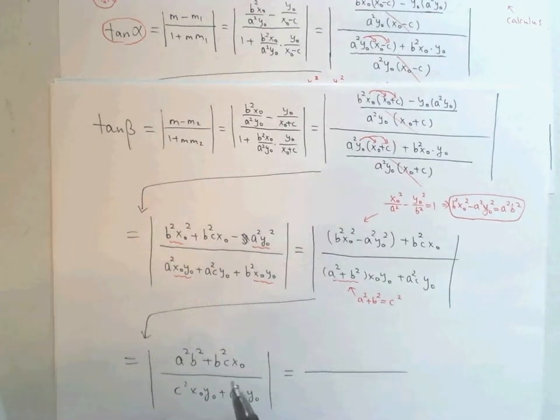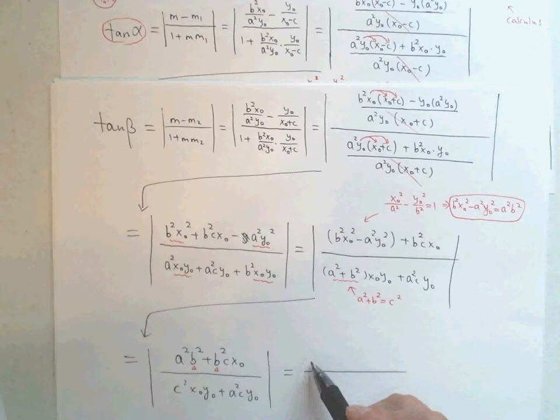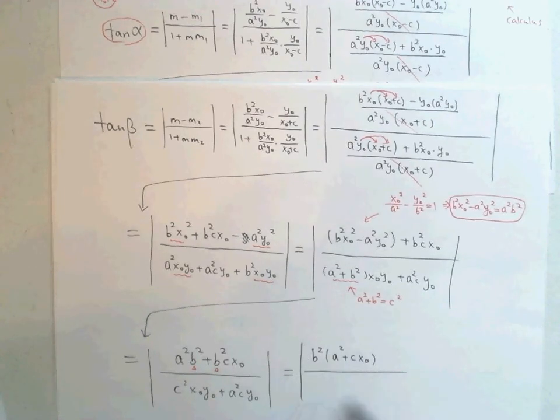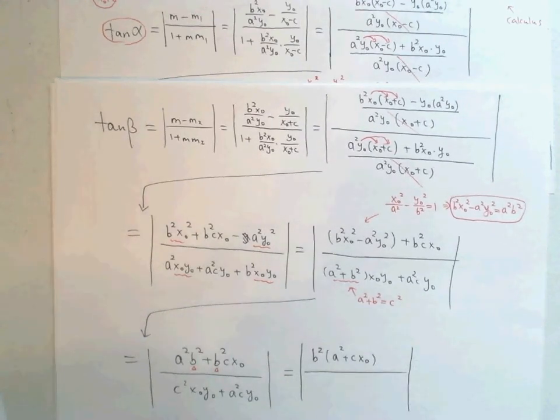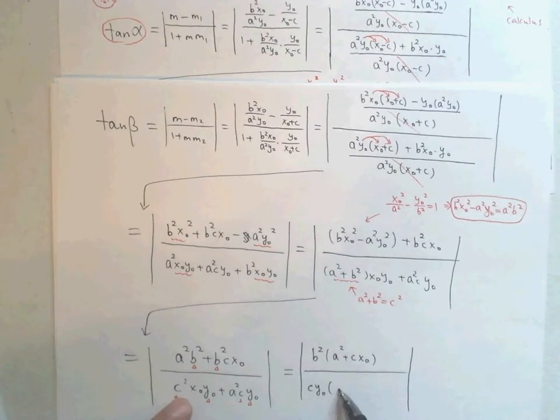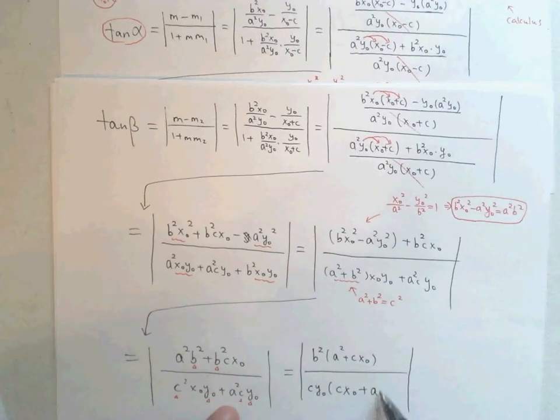Now factor. Factor b square out of the top, and we are left with a square plus c x0, inside the absolute value. For the bottom, we factor out c y0, and what is left is c x0 plus a square.